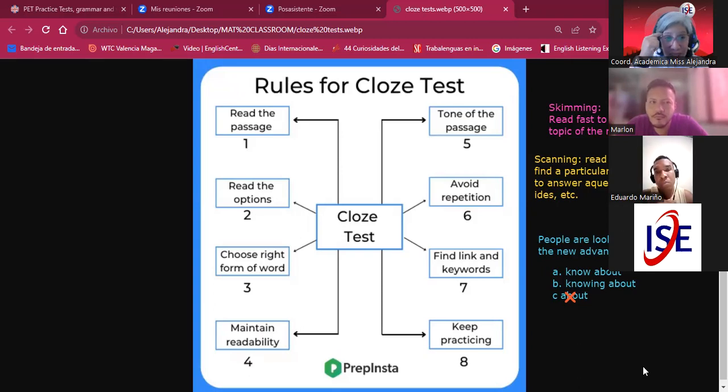And you should know that because looking forward to plus ing is a structure studied in A2 very briefly and in B2 in depth. So you discard this and you get that the correct answer is knowing about. People are looking forward to knowing about the new advances in robotics.